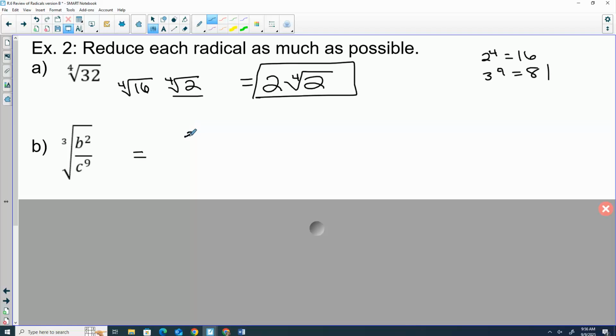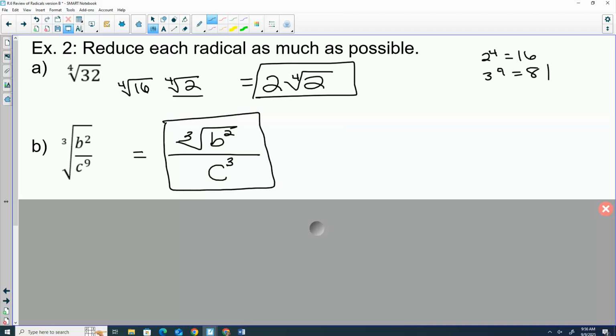No, so that b squared just stays under my cube root. On the bottom, if I have 9 c's, how many groups of 3 can we form? 3. Since it's 3 groups, the radical is gone from that term. So it's the cube root of b squared over c to the 3rd.